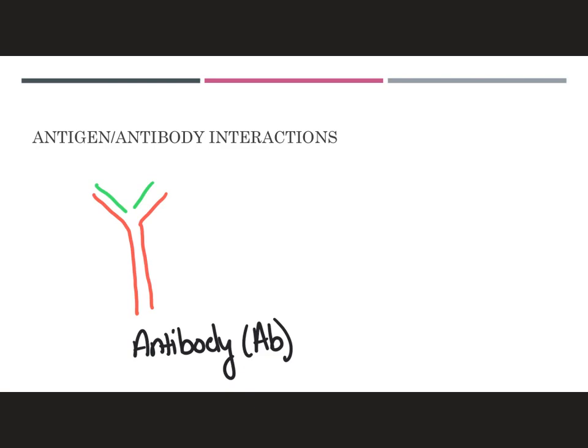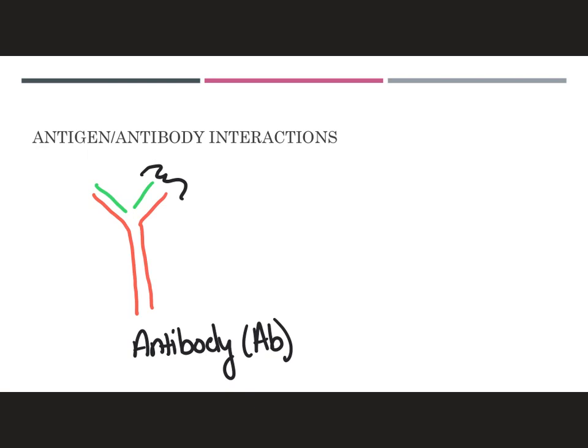We have to go back to what I just said and look at this variable region. So those top portions I just mentioned at the top of the antibody are the variable regions, and those are the areas that the antigens can bind. Okay, so the antibody can bind the antigens in that area. And so it's really important that they're variable.